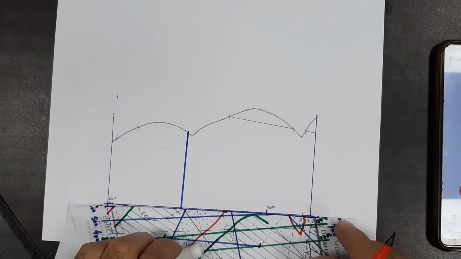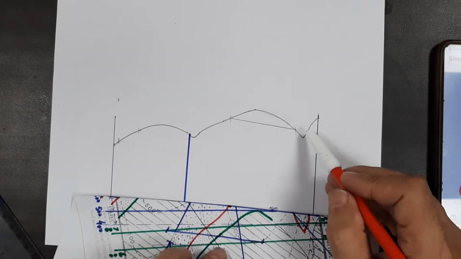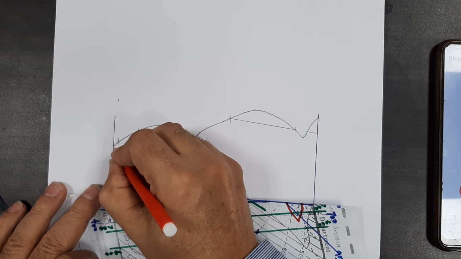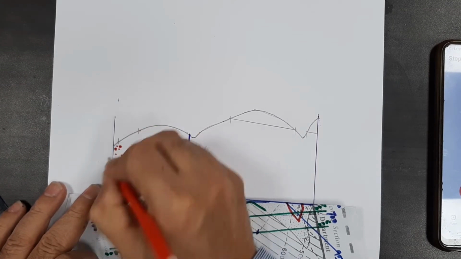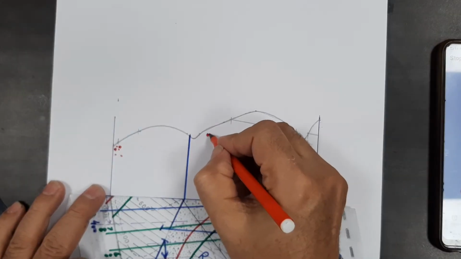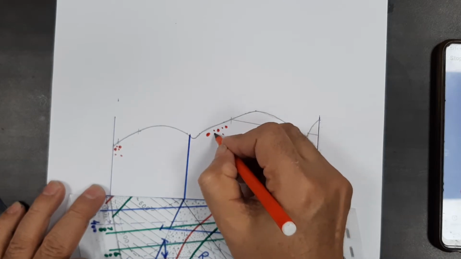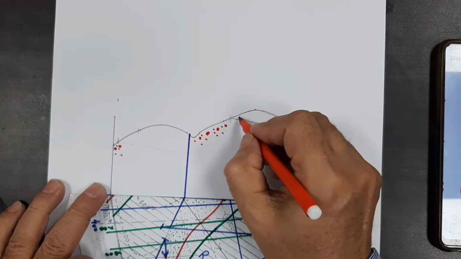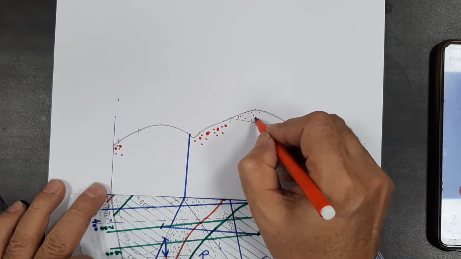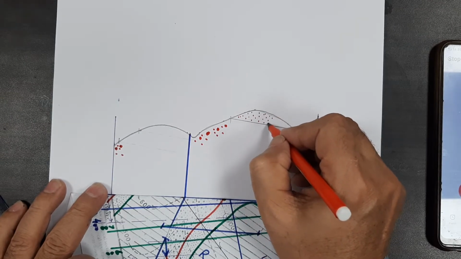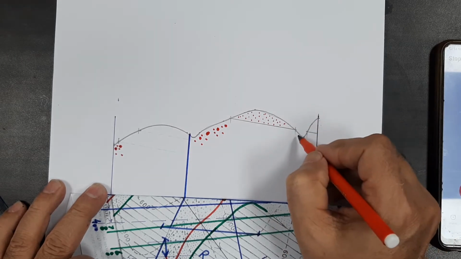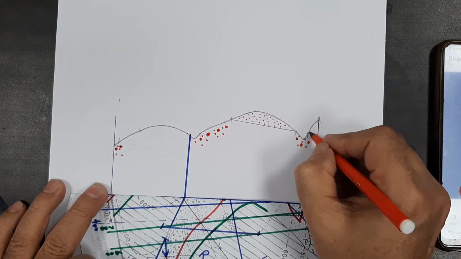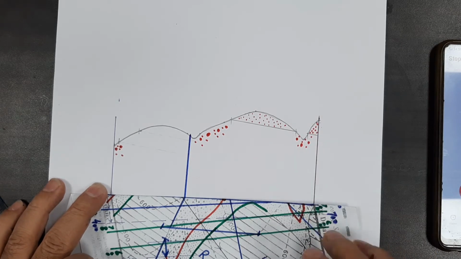So if you see here, these contacts are transferred here, here, here. Here we have this rock, the mudstone. Here again we have got this rock, the mudstone, you can see here. Here we have got sandstone, here we have got sandstone, and again below the sandstone we have got the same rock here, and again we have got the sandstone.